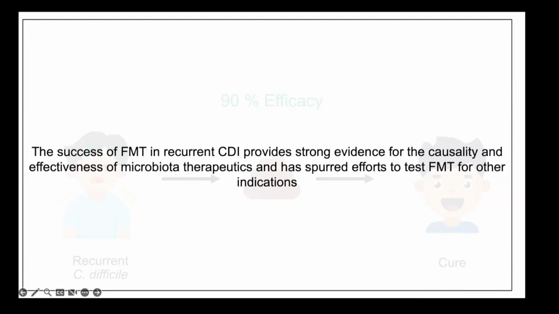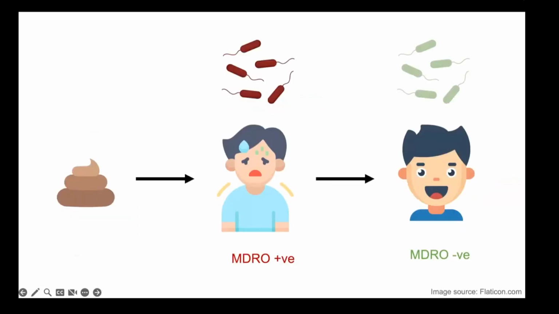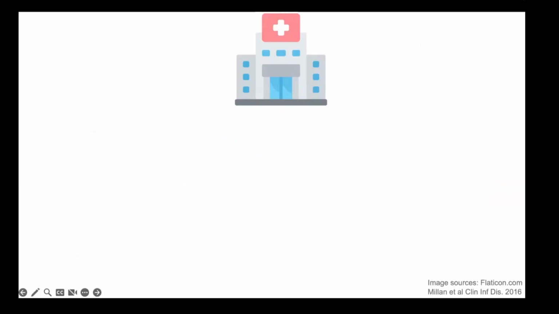The first studies of FMT for MDRO colonization were spurred by our seeing that C. diff patients who happened to be MDRO colonized were no longer MDRO colonized. Since then, this has been described in an increasing number of case reports and case series.